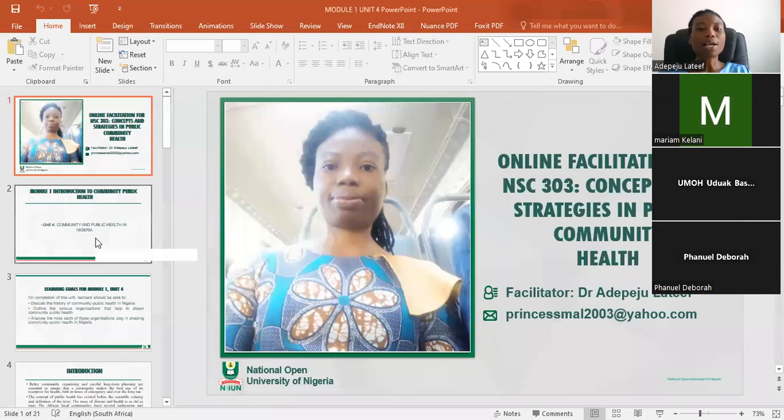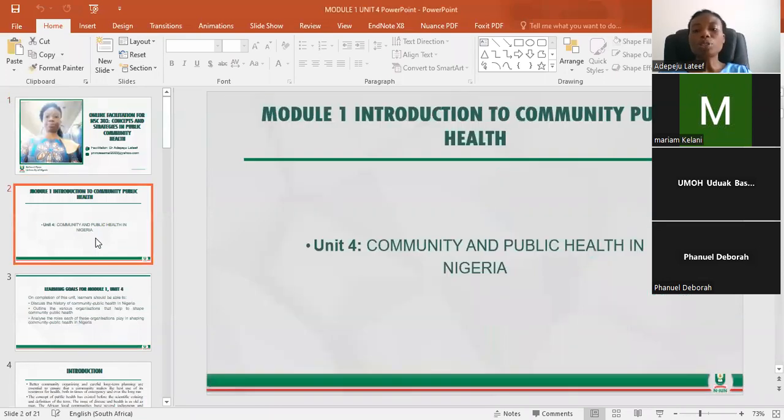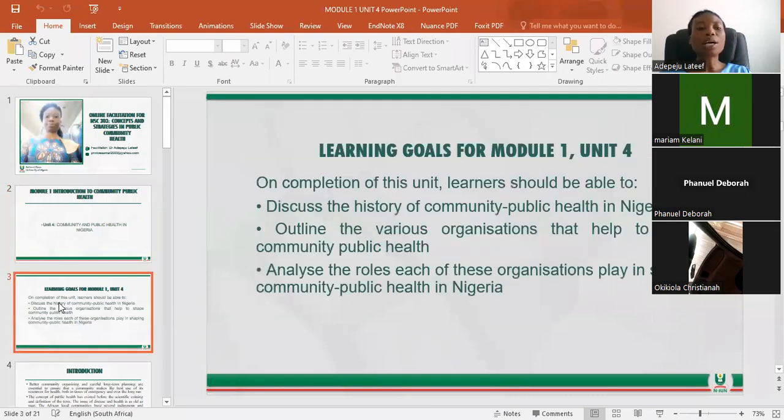So, like I said, we are still on Module 1, Unit 4, and the title of Unit 4 is Community and Public Health in Nigeria. So in the context of the country Nigeria, that is what we are going to look at, community and public health. And as usual, we always have a learning goal for each of the units that we cover.